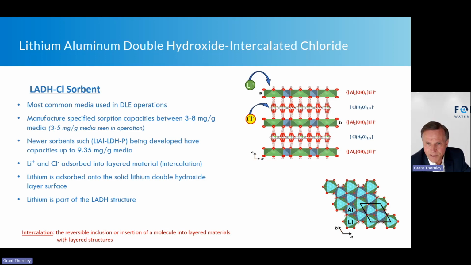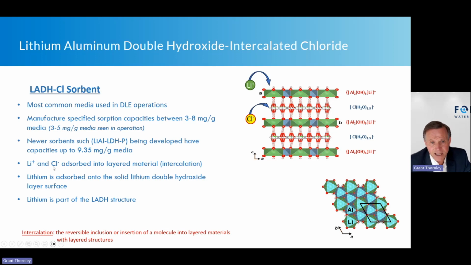When that happens, pause and maybe redo your economic assessment of your plant using that higher-capacity media, to see if it makes sense to change your media out, in order to get a higher lithium recovery via a higher volume in your lithium product production.